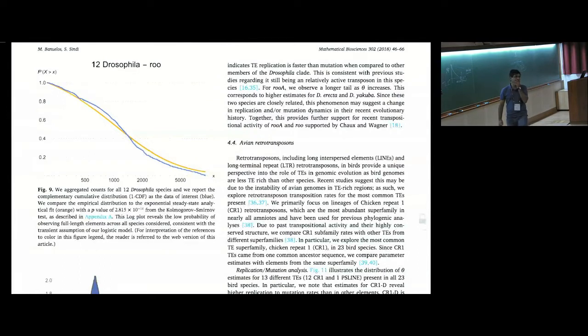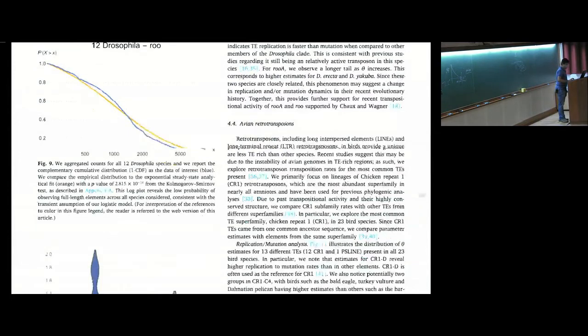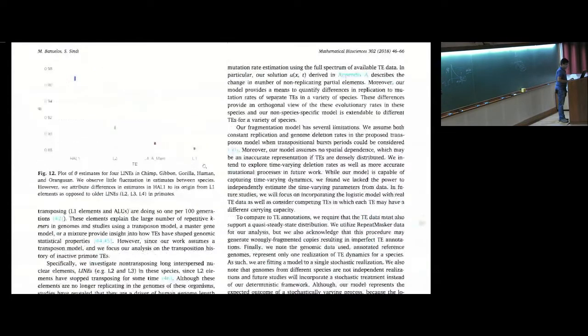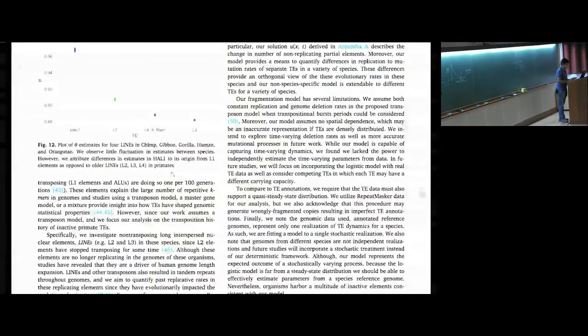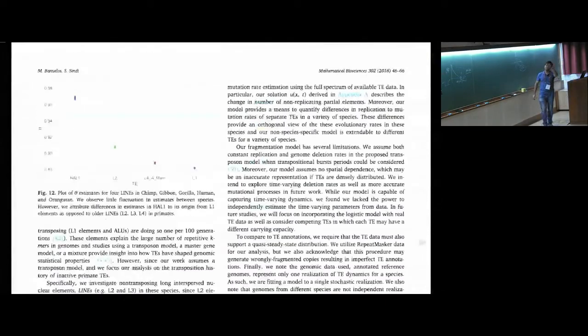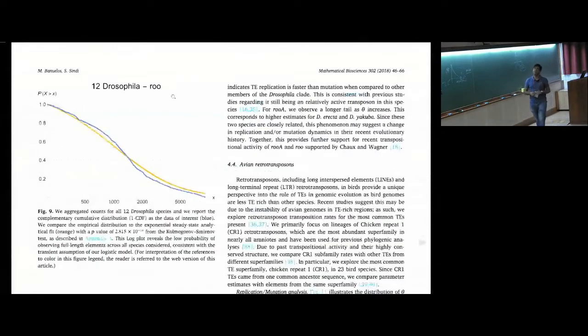But this is the only data that they actually talk about in detail. They have all these different guesses in terms of comparing different predictions, but in terms of comparing with the experimental data, this is all they have, where they have talked about all these 12 different Drosophila species.